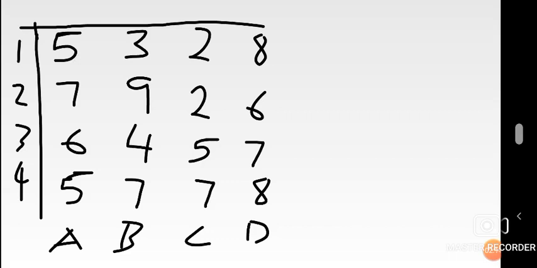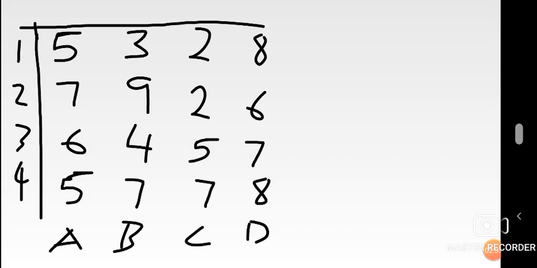So for example, row 1, which has 5, 3, 2, 8. What's the least number there? It's 2. Meaning we'll subtract 2 throughout that row and see how this matrix will be reduced. The whole point of doing this is to reduce the matrix to a certain state. So let's identify the least numbers.